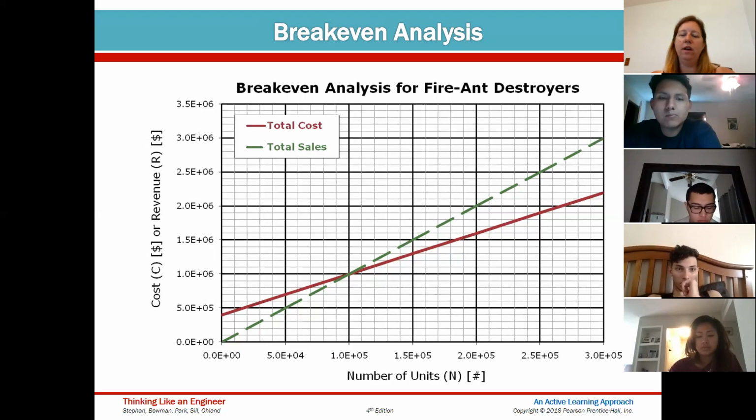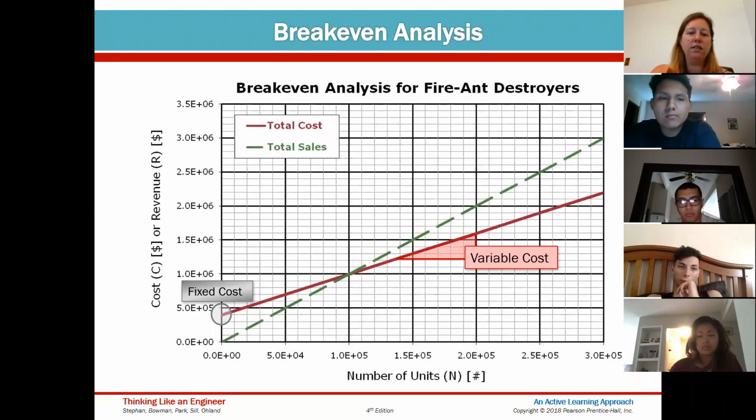Our revenue line will always start at 0, 0. Whereas our cost line will always start where we have our fixed cost for our startup. And that fixed cost is what it costs to buy a building, rent the building, things like that, whatever equipment you need to start.